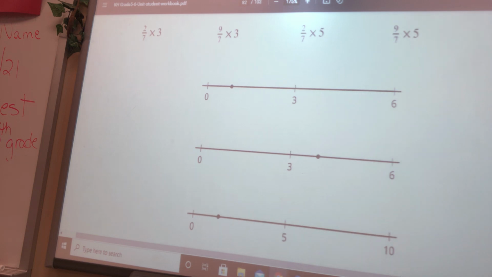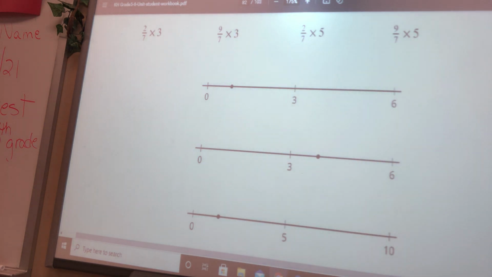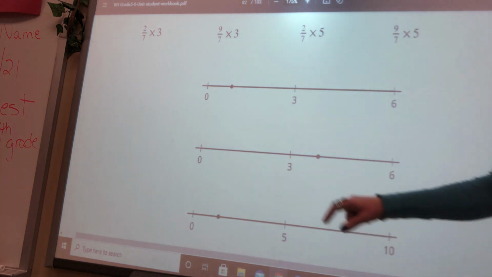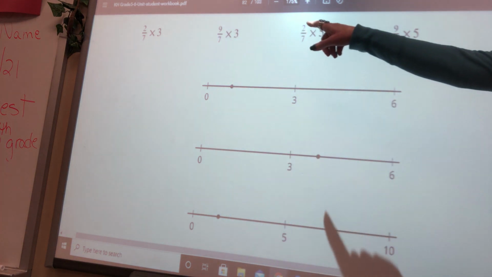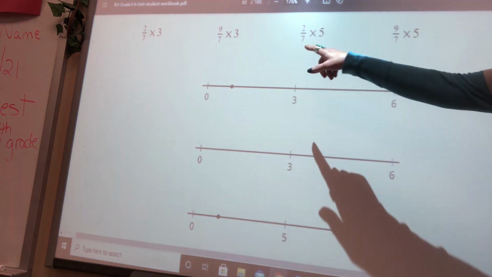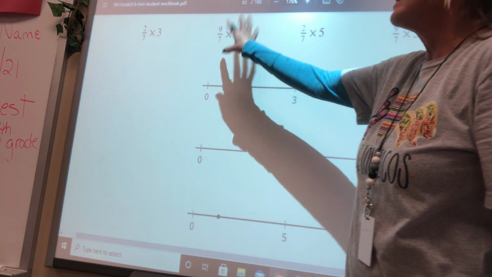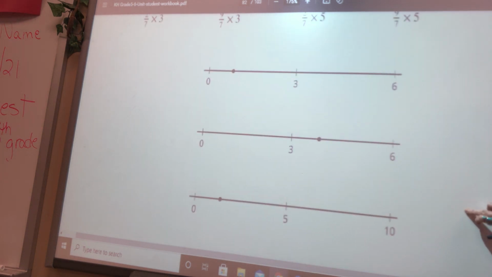So 2/7 of 3 and 9/7 of 3. What's going to go with this one? 9/7 of 3. We know this one is going to be above 3. How? Because it's an improper fraction, which means 1 and 2/7. So it has a whole number part. So we know that these two are going to go with these two.